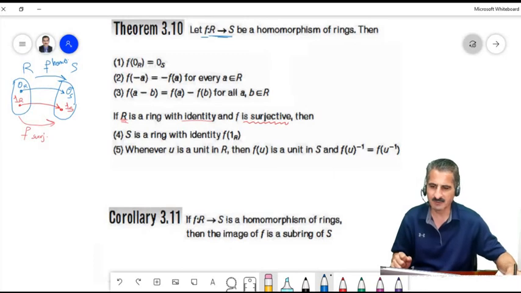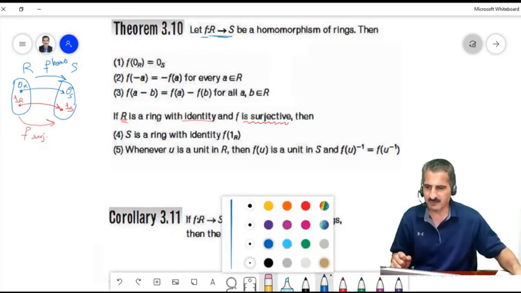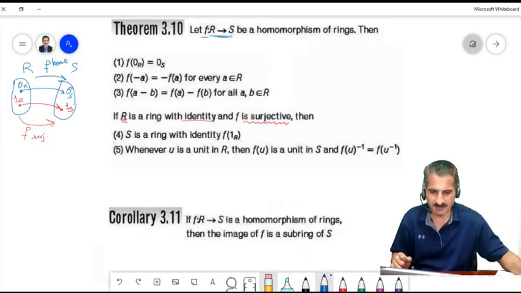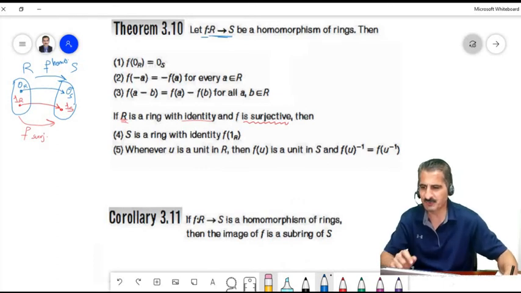Okay. Now let's prove this part quickly. How do we prove it? We will say, okay, add 0 to 0, the 0 of R inside the function, and because we have a homomorphism, then we can distribute, right?